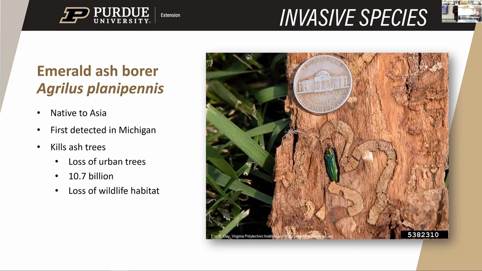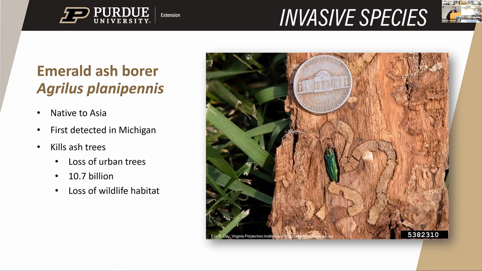What controls the emerald ash borer in Asia? I think there's a couple different things. It has a native predator over there. I'm curious what that is. It's got to be some type of bird or something, because it's an insect. It may have even been a wasp.